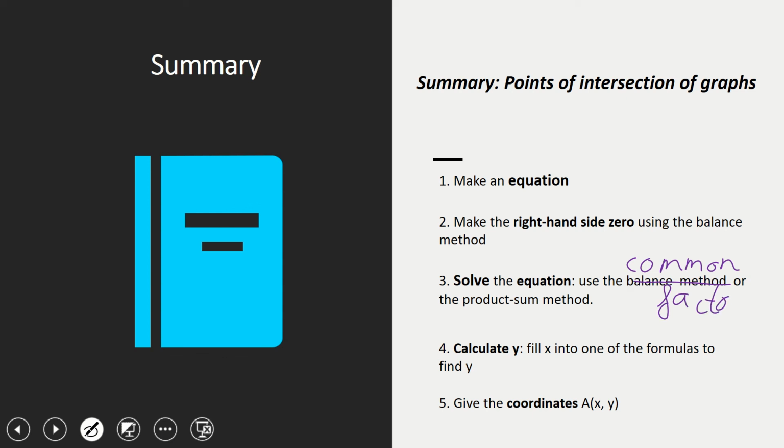If you did that, you're going to calculate y, and you can calculate y by filling in your x into one of the formulas to find y. It doesn't really matter which formula you're going to use. And afterwards you need to give the coordinates. So do not forget to write down your coordinates. First start with the x and then with the y.